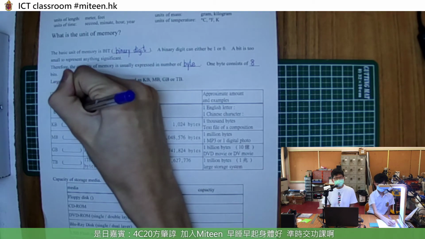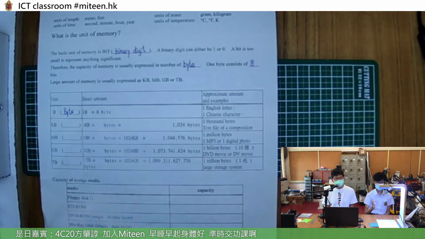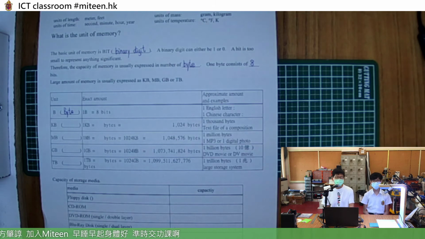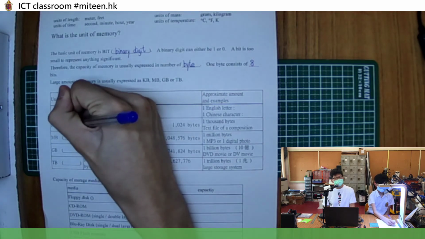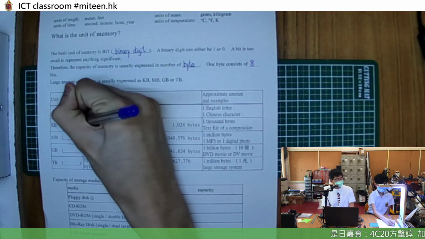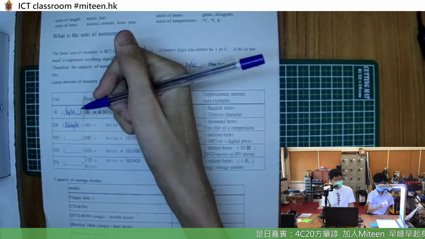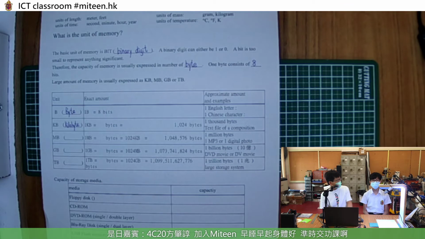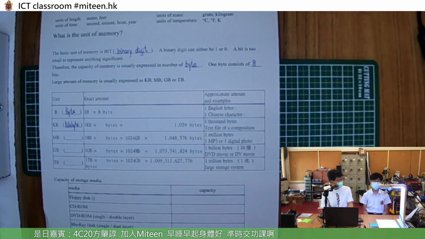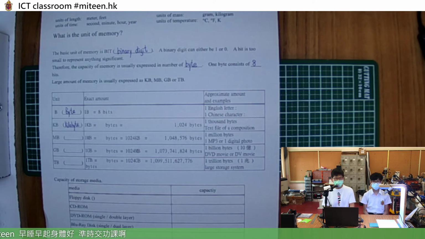I will introduce 4 prefixes used for different amounts of memory. The first one is KB, that is kilobyte. 1 kilobyte, the exact amount of kilobyte is 1024 bytes.